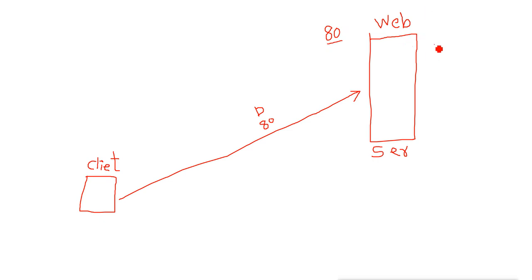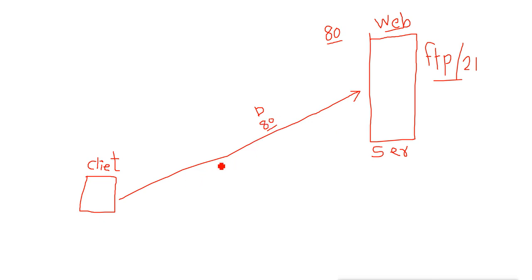Maybe this server is running an FTP service also. FTP runs on port number 21. So when the request comes for 80, the server will understand that this is for the web server, not for the FTP server. That is why the destination port number will always be 80 in the request.